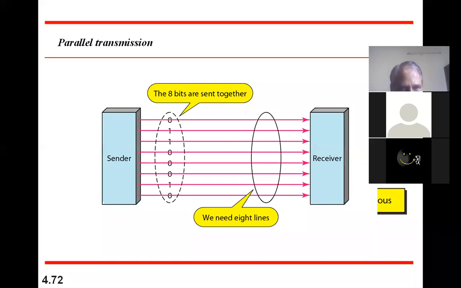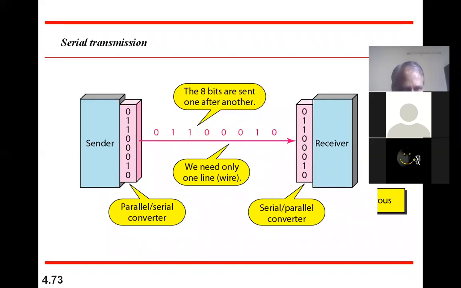But because many processors handle data in parallel, it is easy to interface to that. Alternatively, serial communication is available. Here we convert the parallel bits into serial and send 1 at a time. For every clock pulse, 1 bit is sent, so strictly speaking only 1 wire is enough.